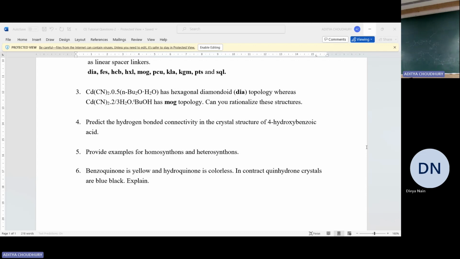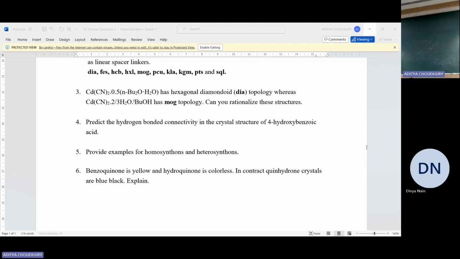What is hydroquinone? This is yellow in color, and this is colorless.